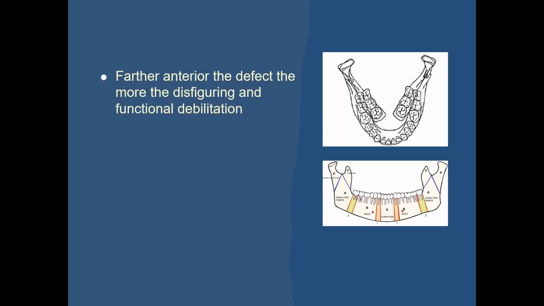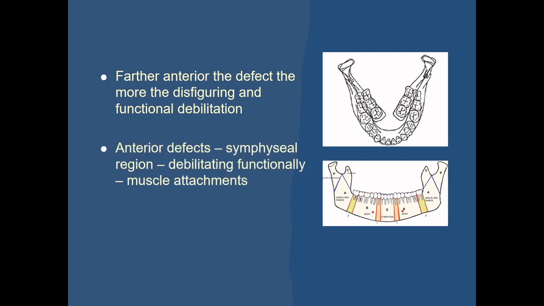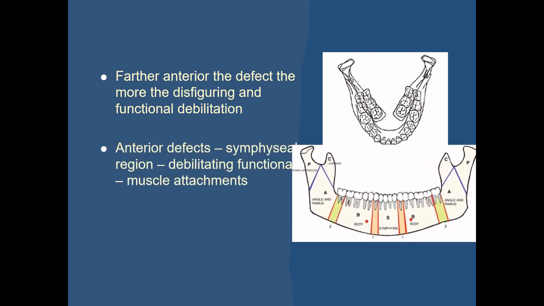So in situations where continuity has been lost, the farther anterior the defect, the more disfiguring and functionally debilitating it is likely to be. So the defects of the mandible that include the symphyseal region, that's the anterior defects, always require surgical reconstruction or at least segment stabilization before the prosthodontic therapy can be effective.